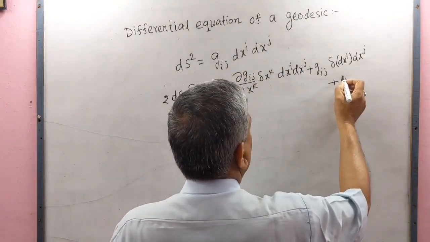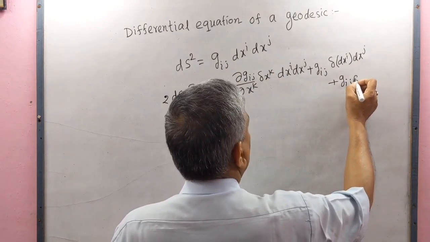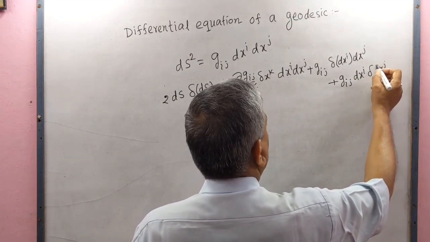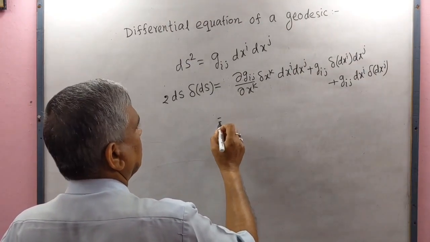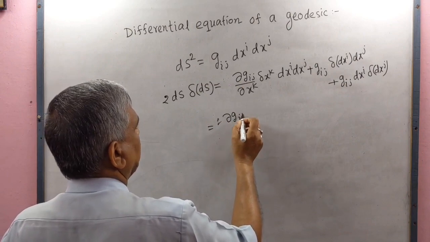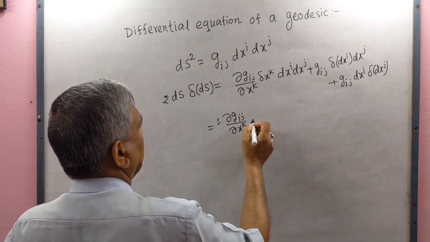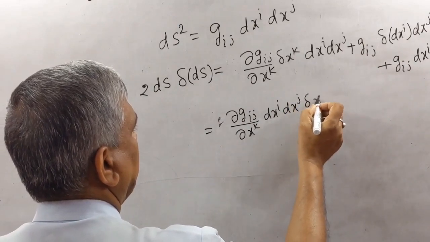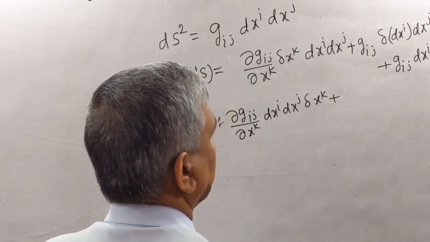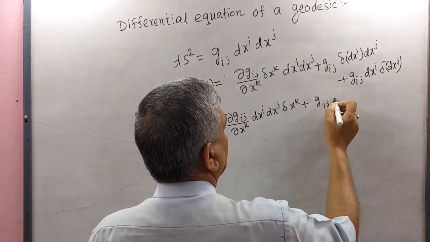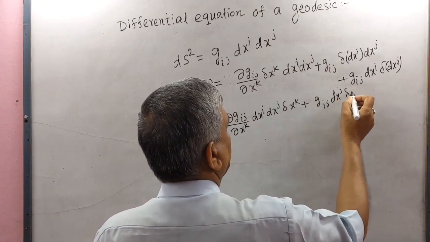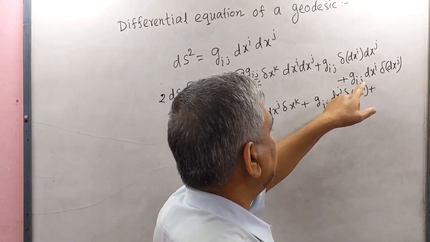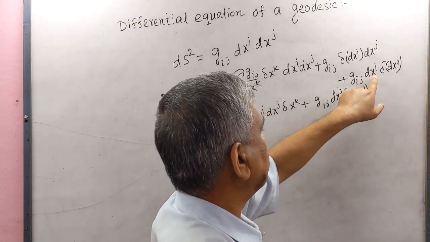These two remain same. gij dxi delta dxj equal to del gij by del xk dxi dxj delta xk plus gij dxj delta dxi, plus, now interchanging dummy suffix i and j in this term.